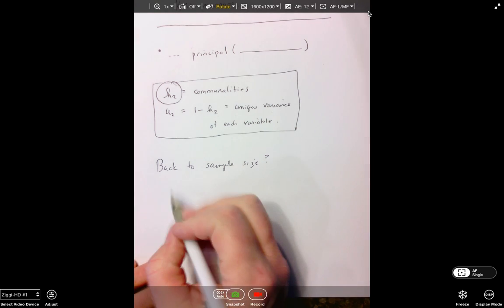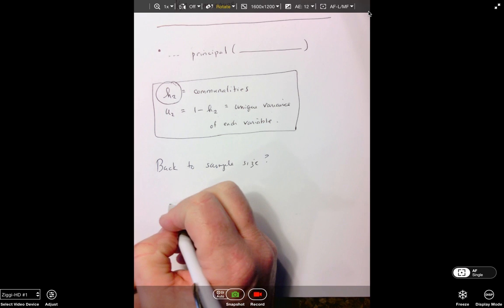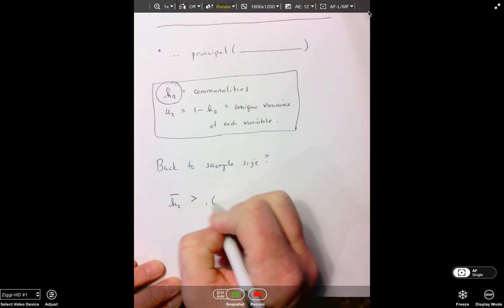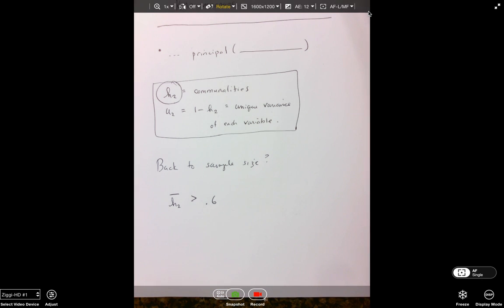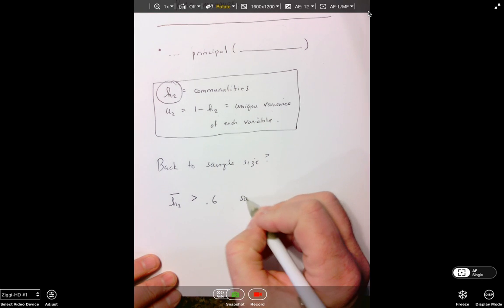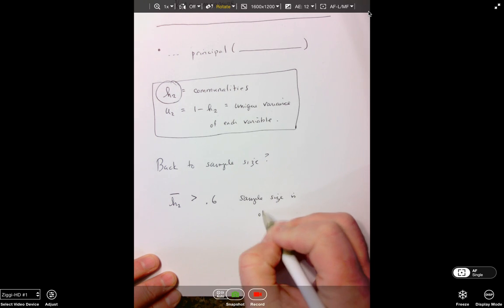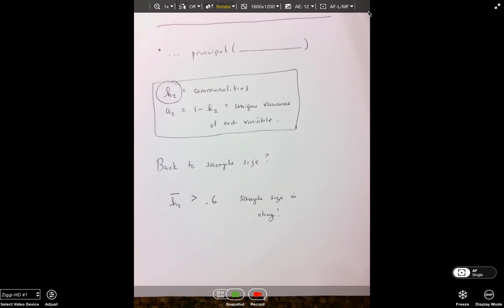So there's a rule of thumb that says that if the averages of our H2s are greater than 0.6, then sample size is okay for the current structure. And our structure is 2 components.